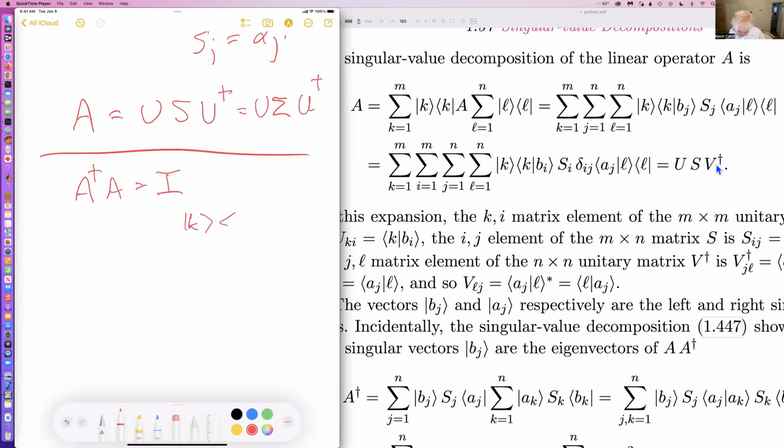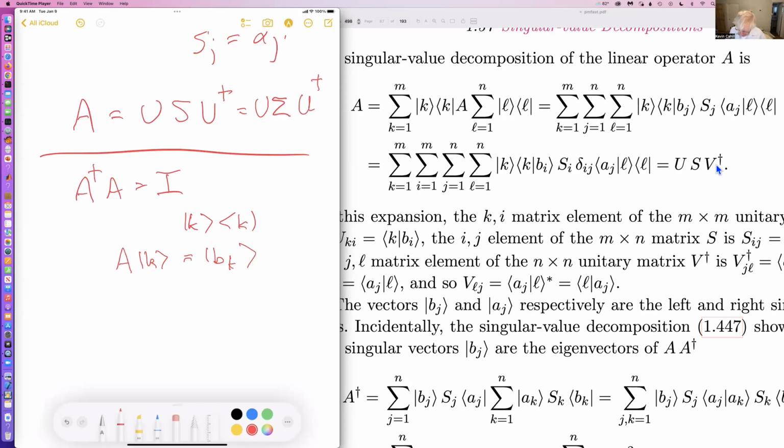Any set of vectors k would be a suitable basis in the domain space, and then A would map these basis vectors into new vectors, which we would call, I guess, b_k.